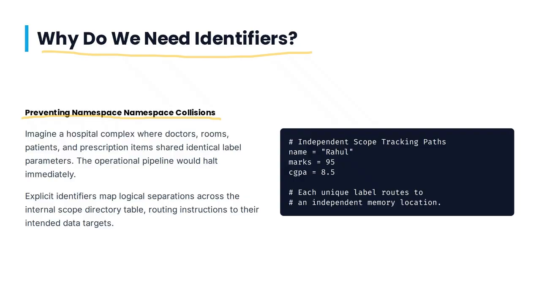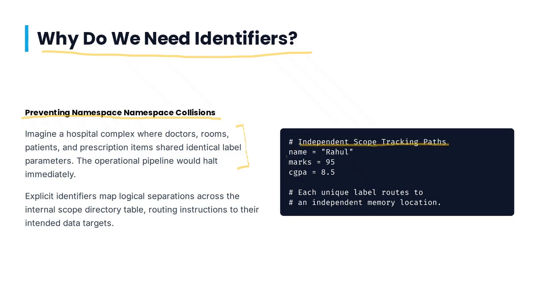Explicit identifiers map logical separation across the internal scope directory table, routing instructions to the intended data targets. So these are the main reasons why we use identifiers. Otherwise, if we don't use identifiers, there can be namespace collisions which we need to prevent, and as a result we use identifiers.